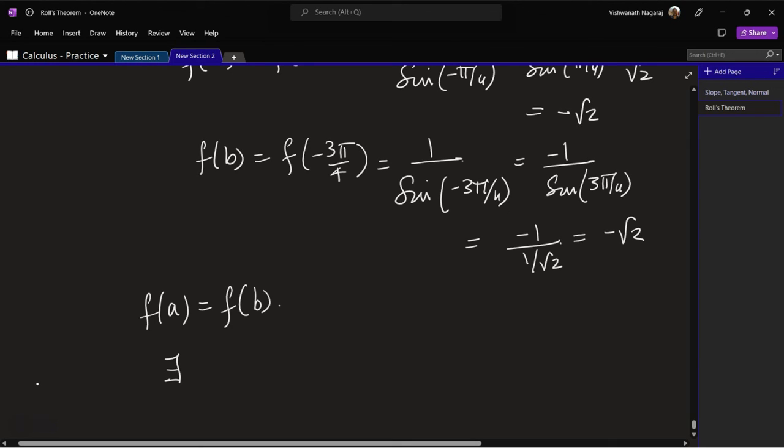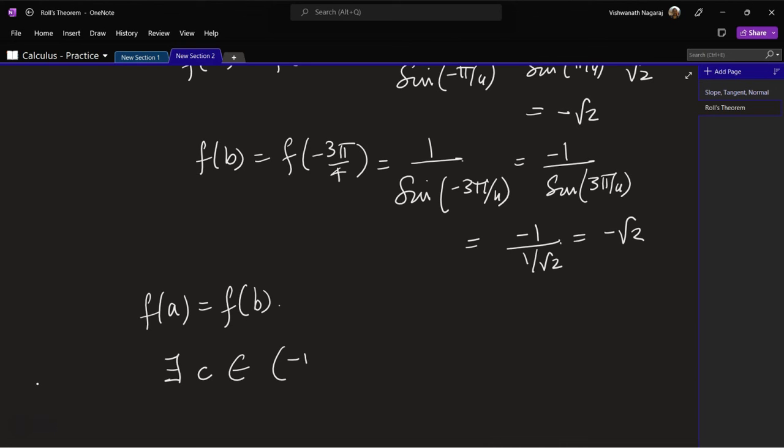So that means there exists c belonging to the interval minus pi by 4 and minus 3 pi by 4, such that f prime of c equal to 0.